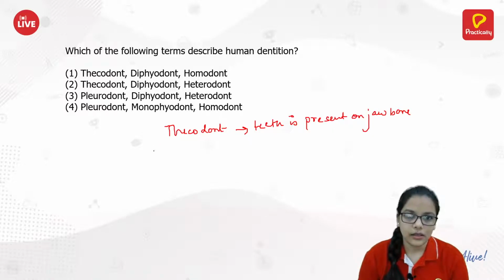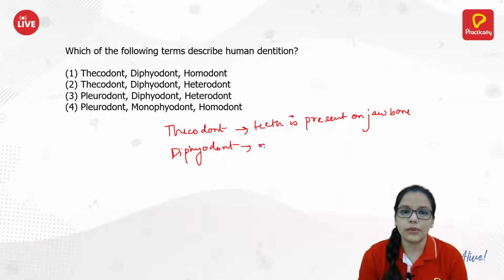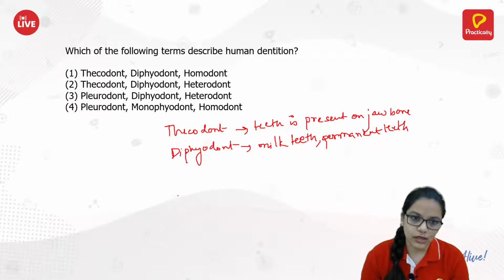Diphyodont means we have two sets of teeth in our life: the milk teeth, which fall, and then the permanent teeth. And there is heterodont. We are heterodontic in nature.